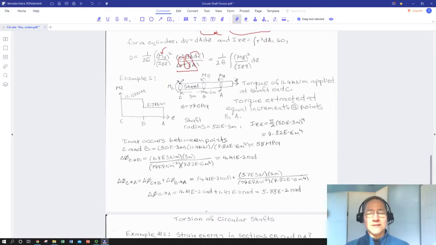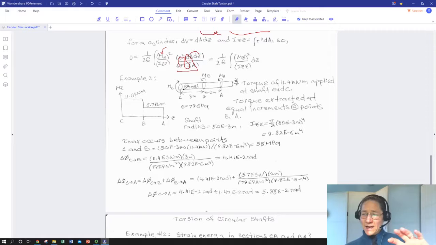So we have a shaft, and this is an example of how you would actually take torque off of a drive shaft. We have a shaft that extends from points C through B and A, and maybe further on. It's being supported in some bearings. It doesn't weigh very much, so we don't have to worry about flexural moment.